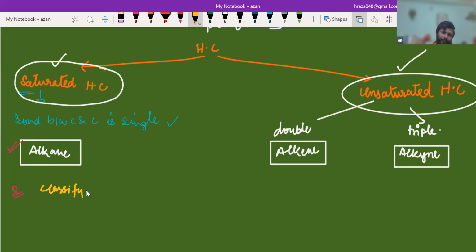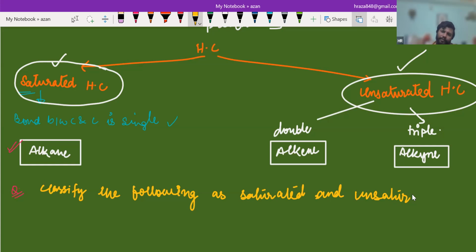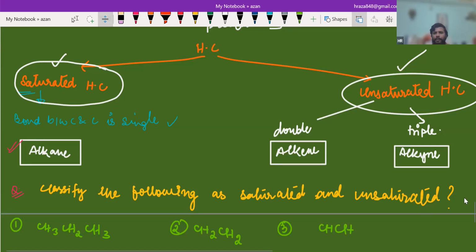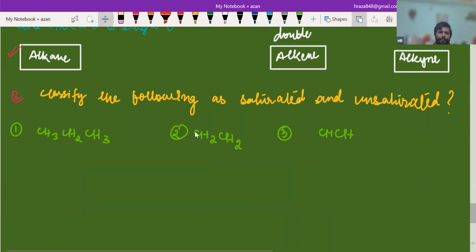Classify the following as saturated and unsaturated. Can I change the slide? Okay, sir.